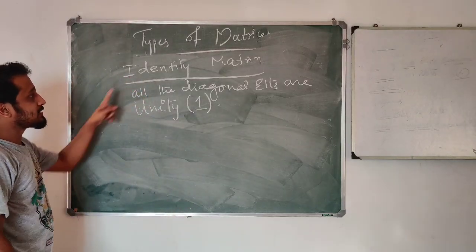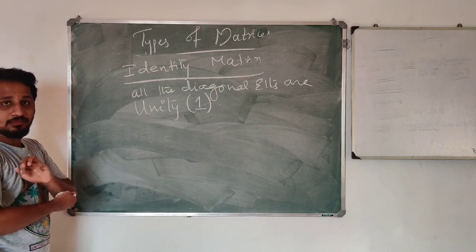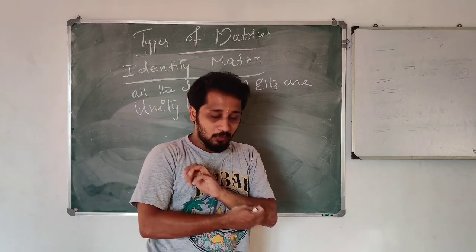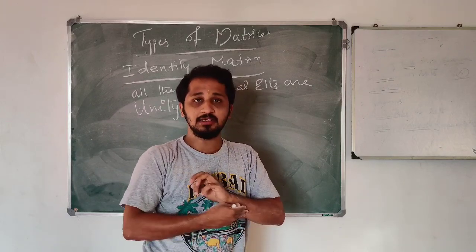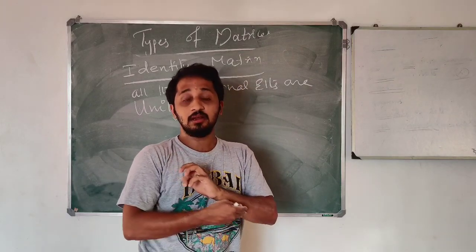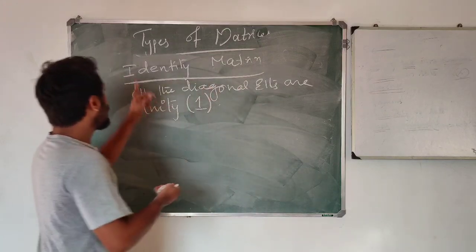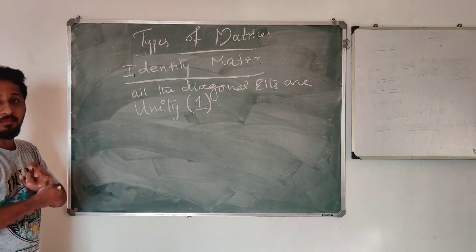Next type of matrix is the identity matrix. So far we have discussed row matrix, column matrix, square matrix, diagonal matrix, scalar matrix. Now we are going to discuss the identity matrix.